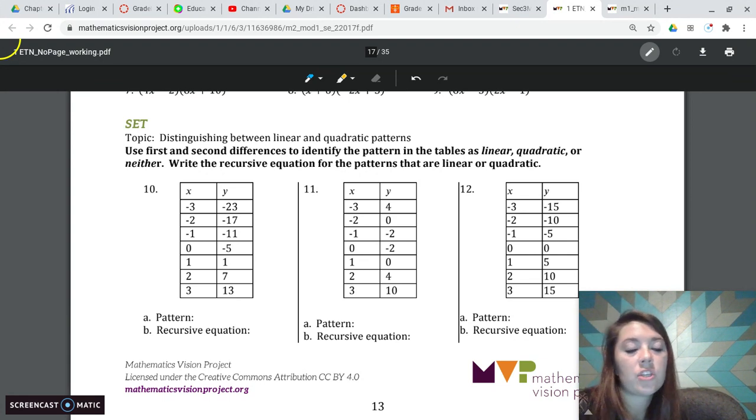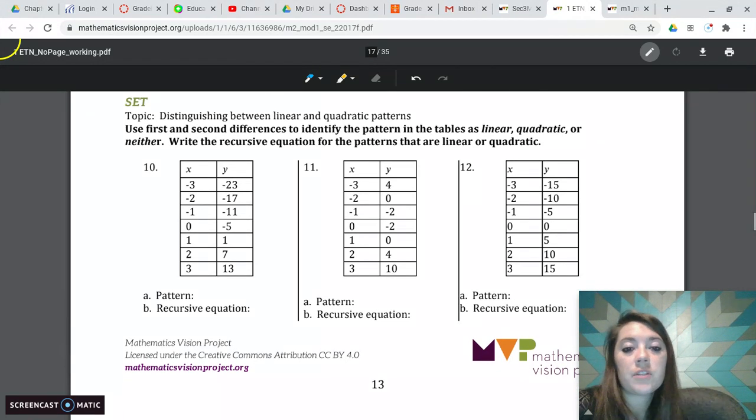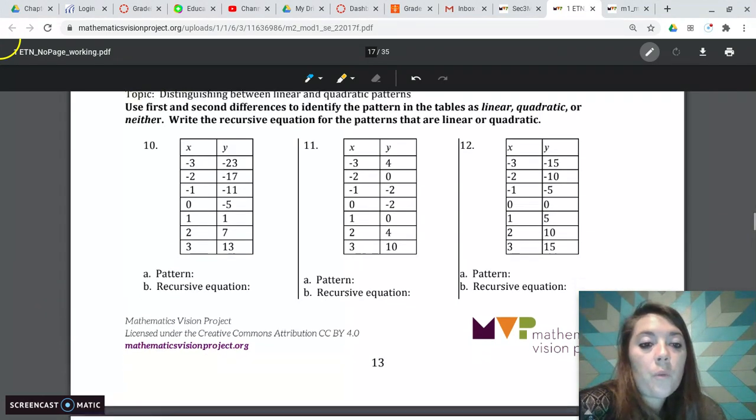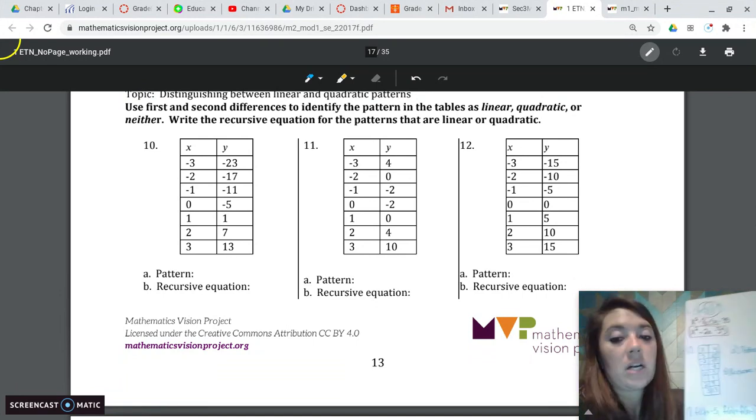Pattern is your keyword for this lesson. We're going to use the first and second differences to identify the pattern in the tables as linear, quadratic, or neither. Write the recursive equation for the patterns that are linear or quadratic. Okay, so we are going to look at number 10.